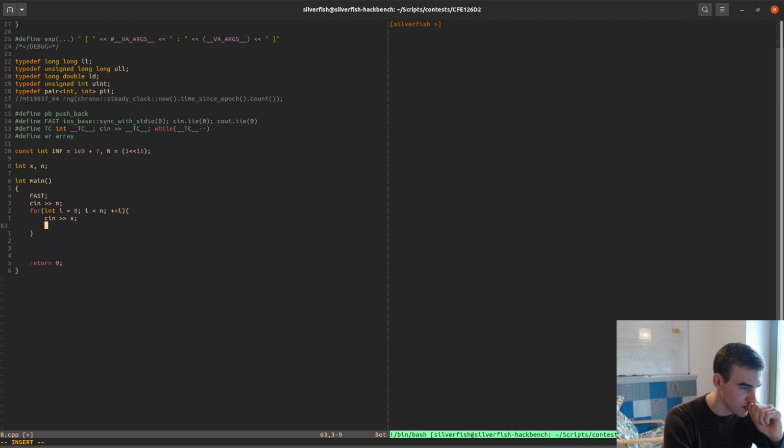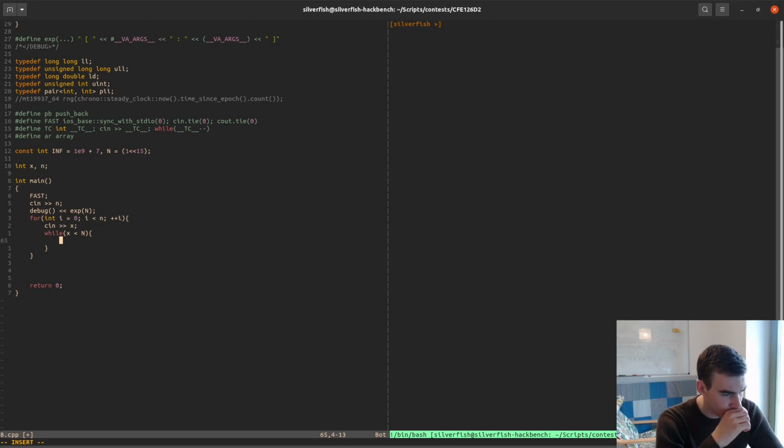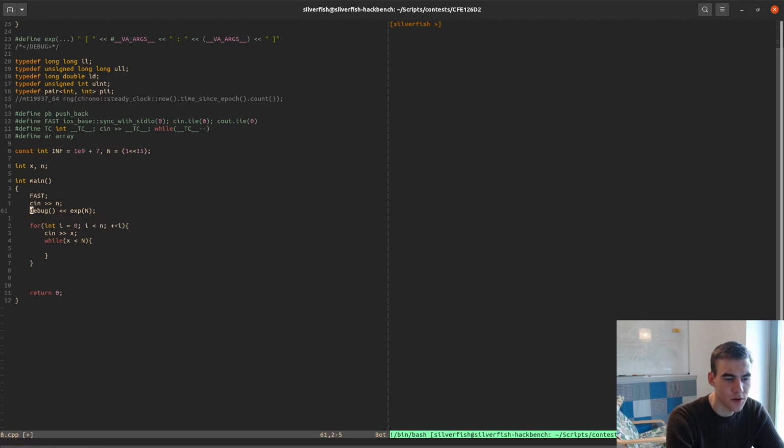So x smaller than n should be 2, and I need to do, wait, let's just print out n while x is smaller than n. I need to make some powers of 2 vector.